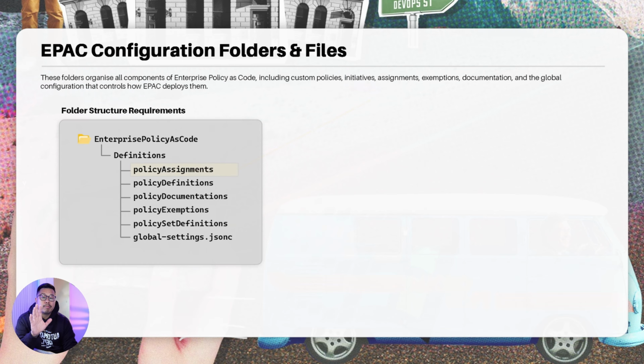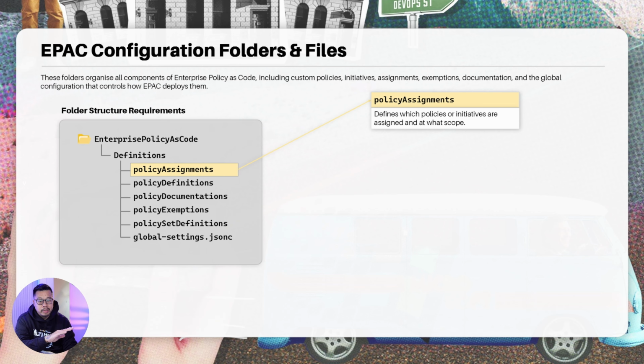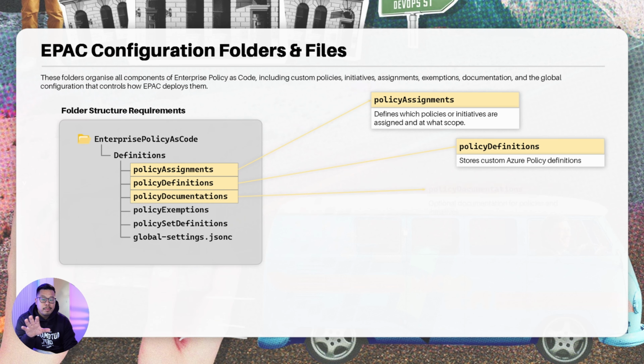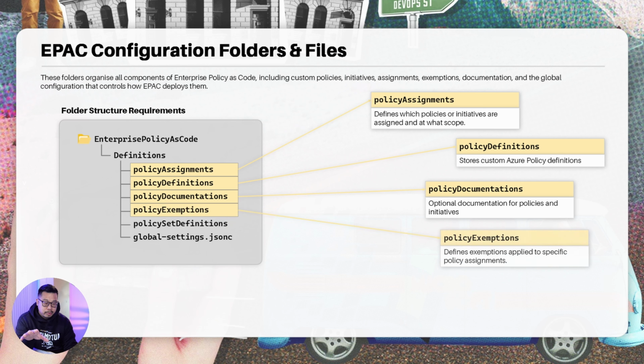First folder is policy assignments. This is pretty much the folder where all assignments exist for policies and initiatives. And then you have your policy definitions. This stores all the Azure policy definitions. Then you have the policy documentations, which is the optional documentation for policies and initiatives. Next up is the policy exemptions folder, which is basically where you store your Azure policy exemptions.